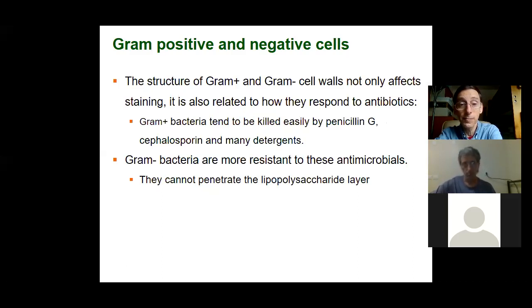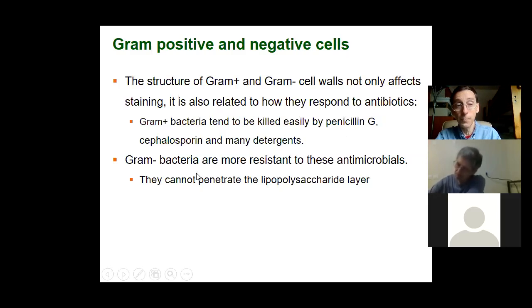Gram-positive bacteria tend to be killed easily by penicillin G. But gram-negative cells are more resistant to penicillin G. That's because in the gram-positive cells, the penicillin G gets inside the cell wall and then damages it. That's true of the cephalosporin and some other antibiotics. They get inside the cell and then do damage.